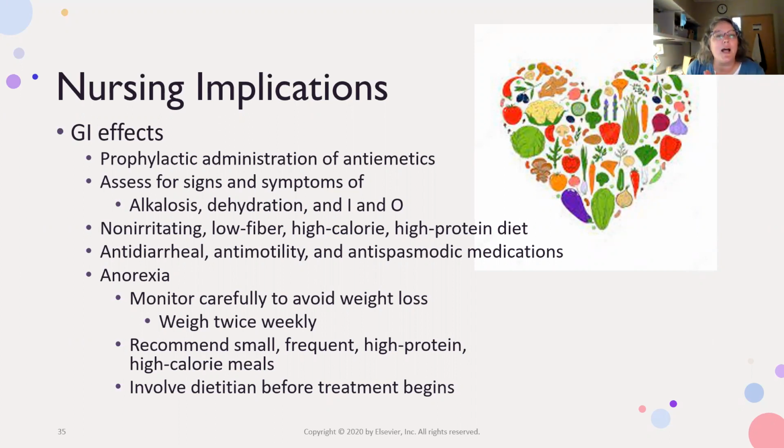Anyway, so non-irritating, low-fiber, high-calorie, high-protein diets, anti-diarrheals, a little Imodium, a little Pepto might be a very appropriate intervention for these people. And then anorexia. I remember my husband went through cancer, and he said that there were times where he just didn't want to eat at all. He just was so tired.